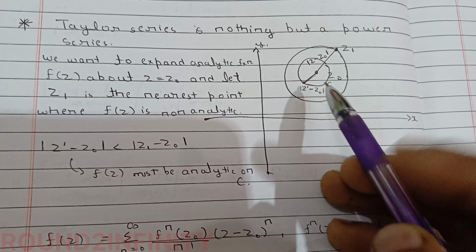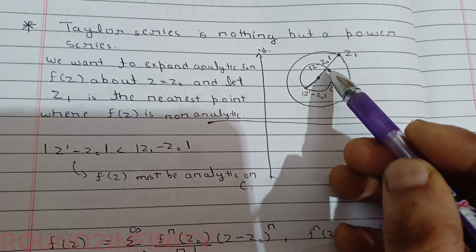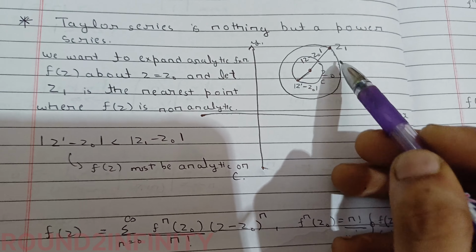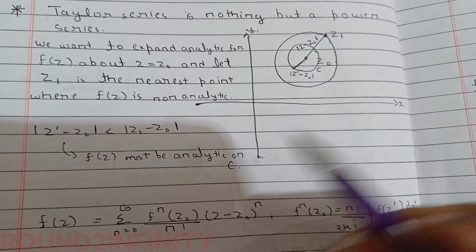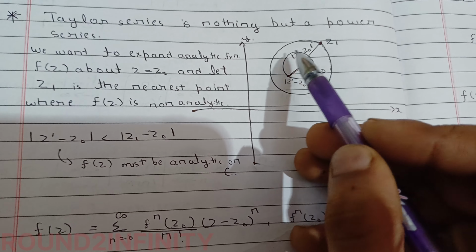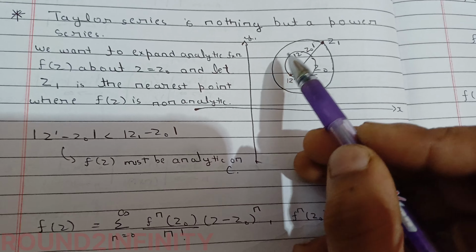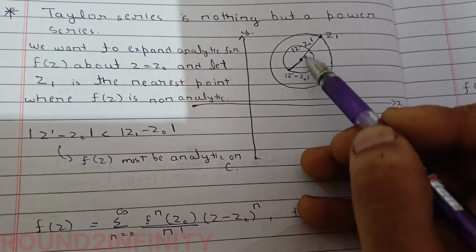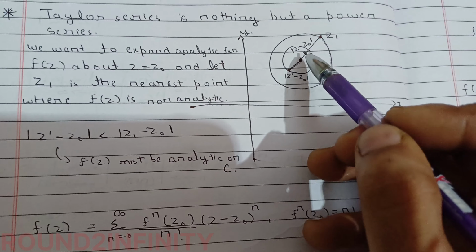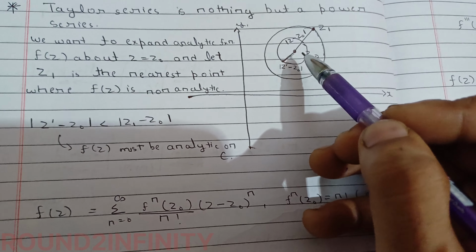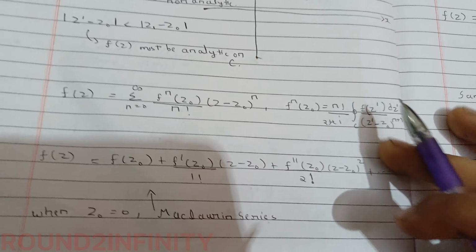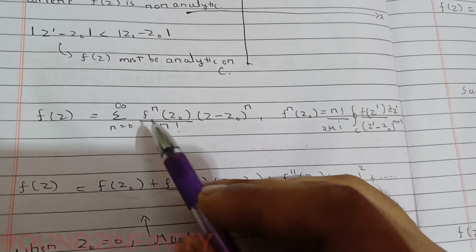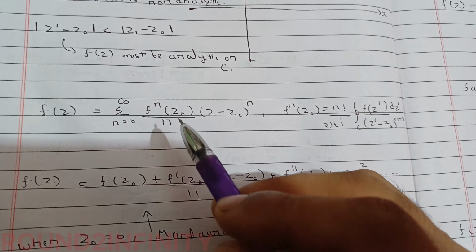Then z dash is this point, so that the modulus of z dash minus z0 is less than the modulus of z1 minus z0. Then fz must be analytic on C, C is this. So this is the first point where it is non-analytic, so in this region it will be analytic. So we want to expand the function in this region. So let's see how we can find it. The Taylor series expansion formula is nothing but this. Fz can be written as the sum from n equal to 0 to infinity of f^n of z0, this is nothing but the differentiation of nth order.